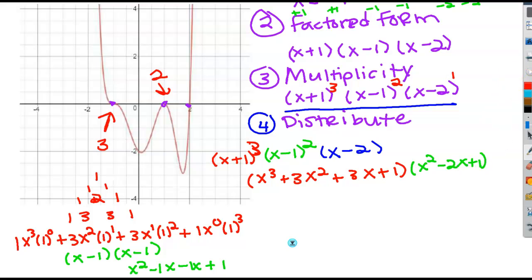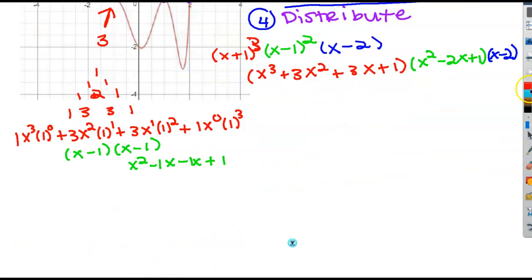And then I still have this blue section over here, this x minus 2. What I'm going to do next, I'm going to distribute these two. It really doesn't matter necessarily what order you distribute in, but I'm going to do all that work off to the side. I'm going to write it on the side in blue, and I'm going to pause.